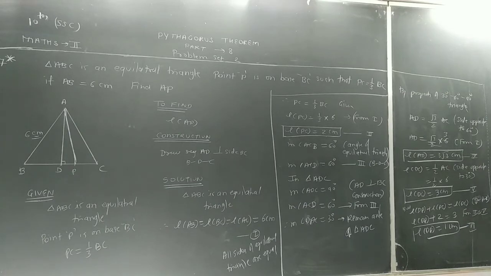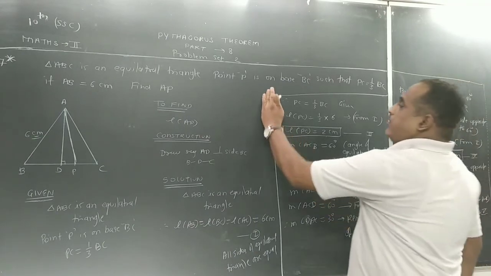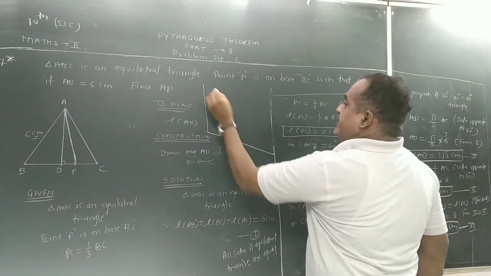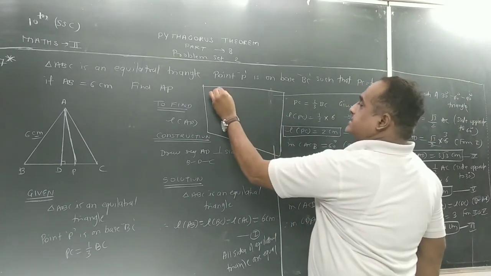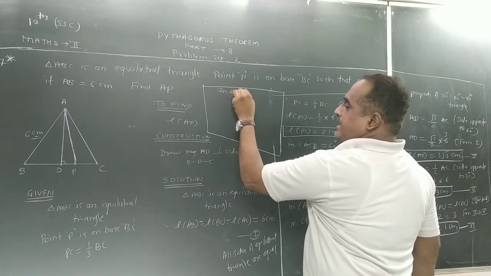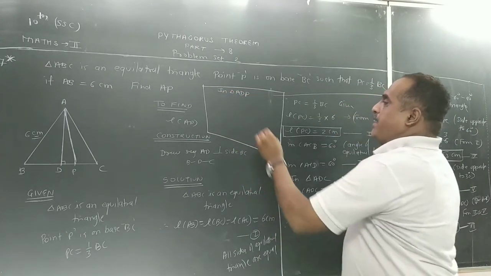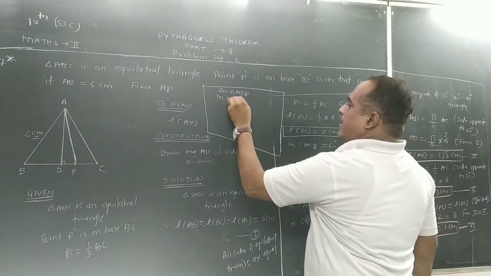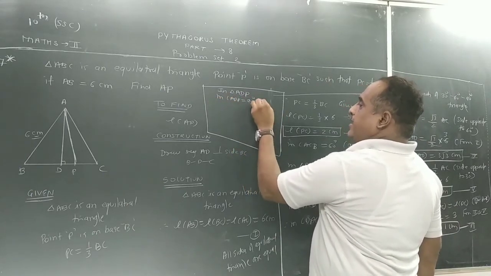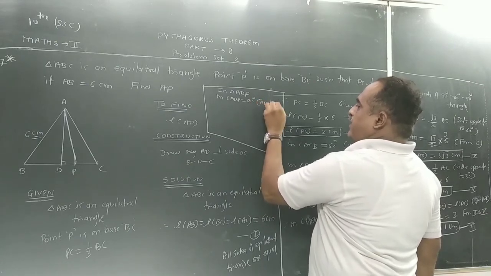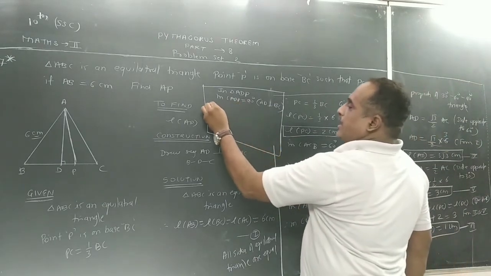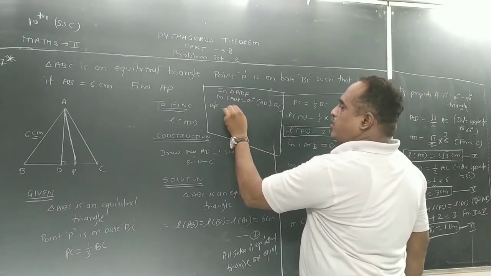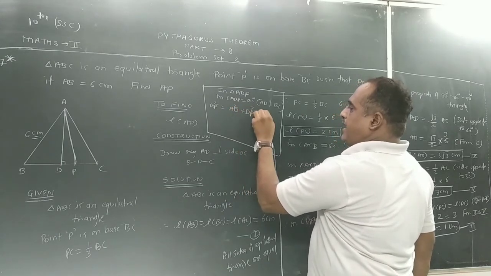So students, I need some more place. I'll write over here, you adjust a little. Now in triangle ADP, measure of angle ADP is equal to 90 degrees because AD is perpendicular to BC. Now I can apply the Pythagoras theorem. AP square is equal to AD square plus DP square.